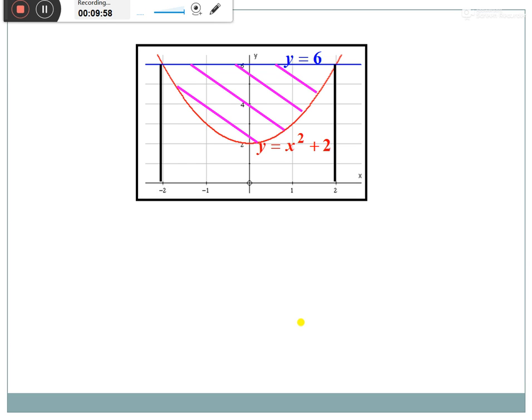That means we have to find the area of this shaded region is equal to area of rectangle minus area under the curve. Area of rectangle, that is this length is 6, y is equal to 6, that means this height is equal to 6, and this length is equal to 4.